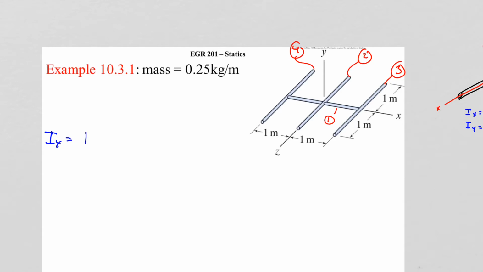I'm going to have I sub x1 plus any parallel axis term for that one, which of course is mass times distance squared, for 1, and then likewise for each additional shape.